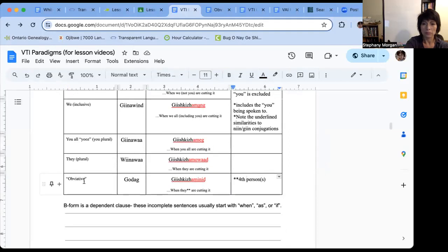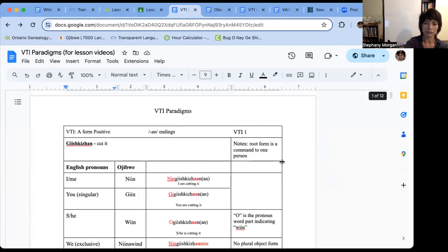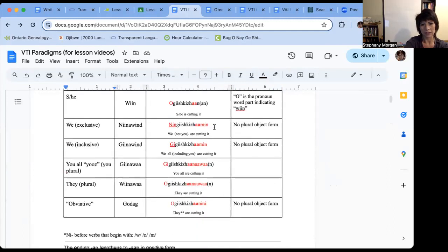It could be more than one person, plural, godug, or it could be just that fourth person. They'll all get the same marker on the end, and the amount of people is only important if you specify a number or names. But let's go up to our positive AN ending.